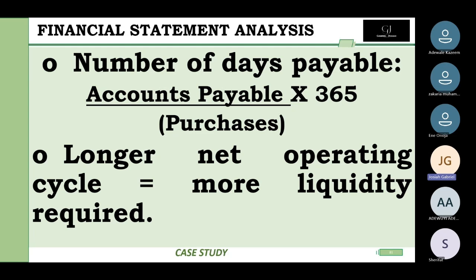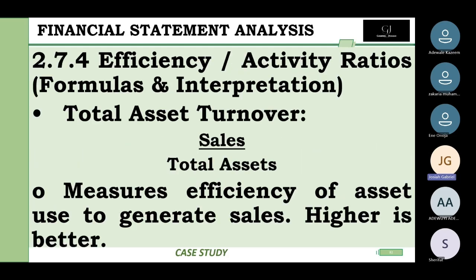So you use your accounts payable divided by your credit purchases or your cost of goods sold expressed in a year. So the longer the net operating cycle, the more liquidity is required, but the shorter, the better. Okay, so that's it for liquidity ratios.